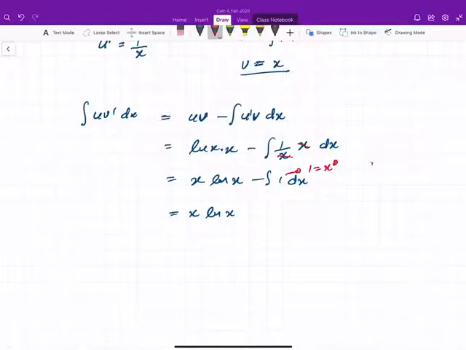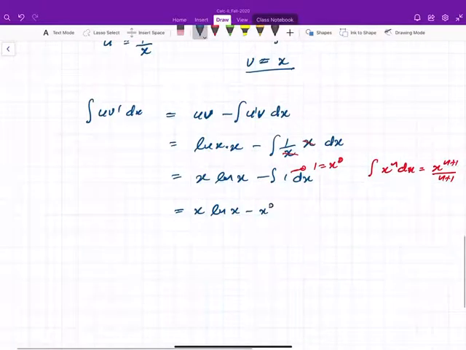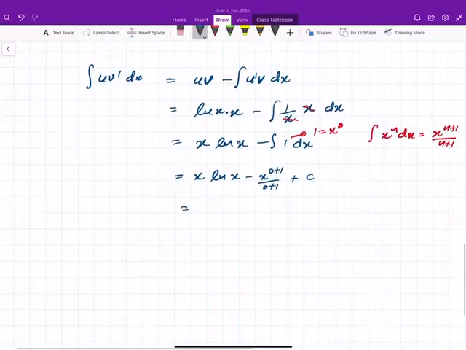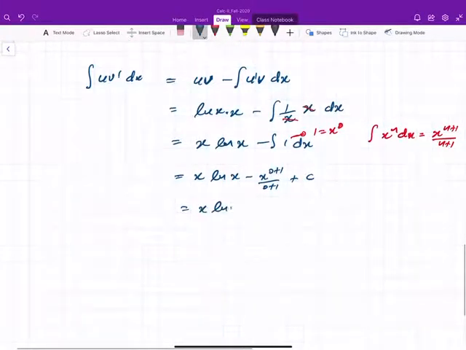The power rule says integration x to the power n dx should be x to the power n plus 1 over n plus 1. That's the power rule. So I'm going to use the power rule right here. Minus, the power is 0, that means x to the power 0 plus 1, over 0 plus 1, plus a constant. So this is x ln x minus x plus 0 plus c.